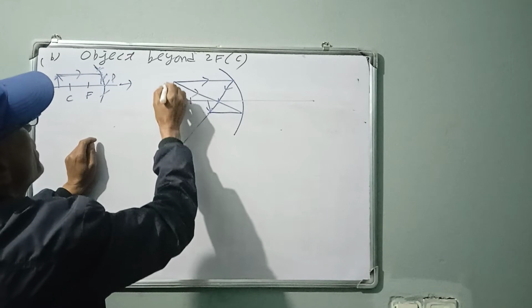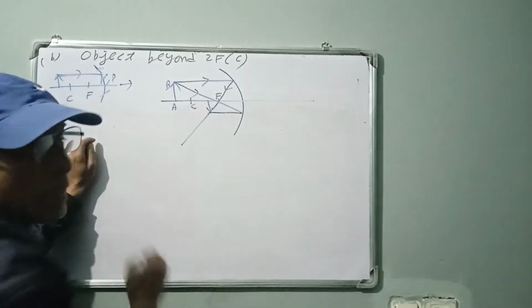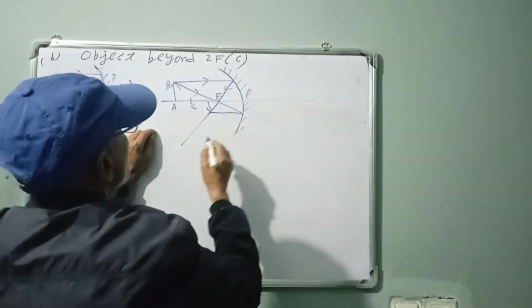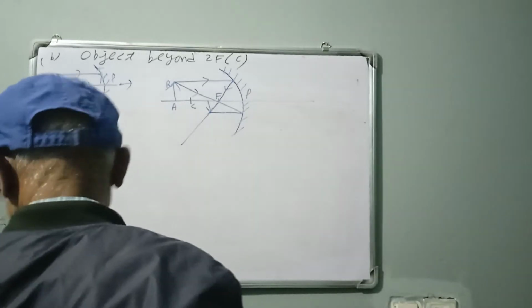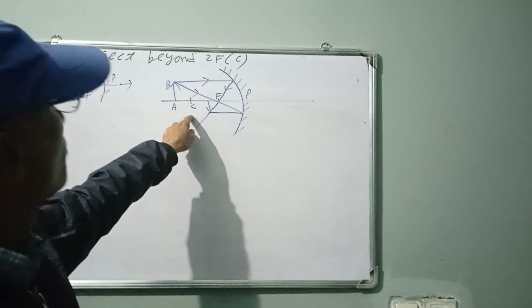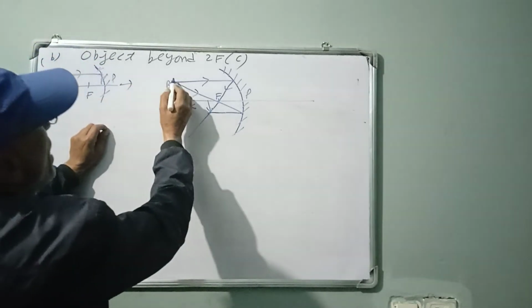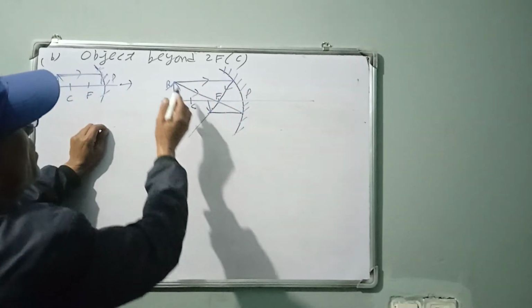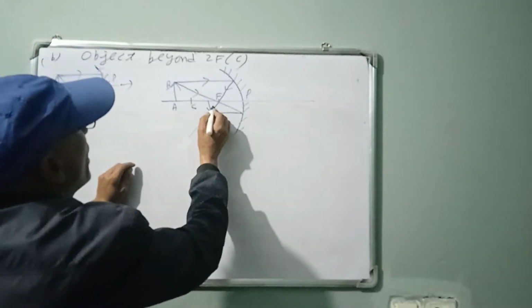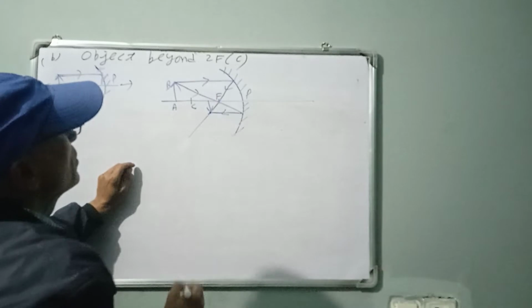So AB is an object, F is the focus, C center, P is the pole. What is the object? The object is beyond C, center of curvature. AB is the object. These two rays will meet at this point. So this is the image.